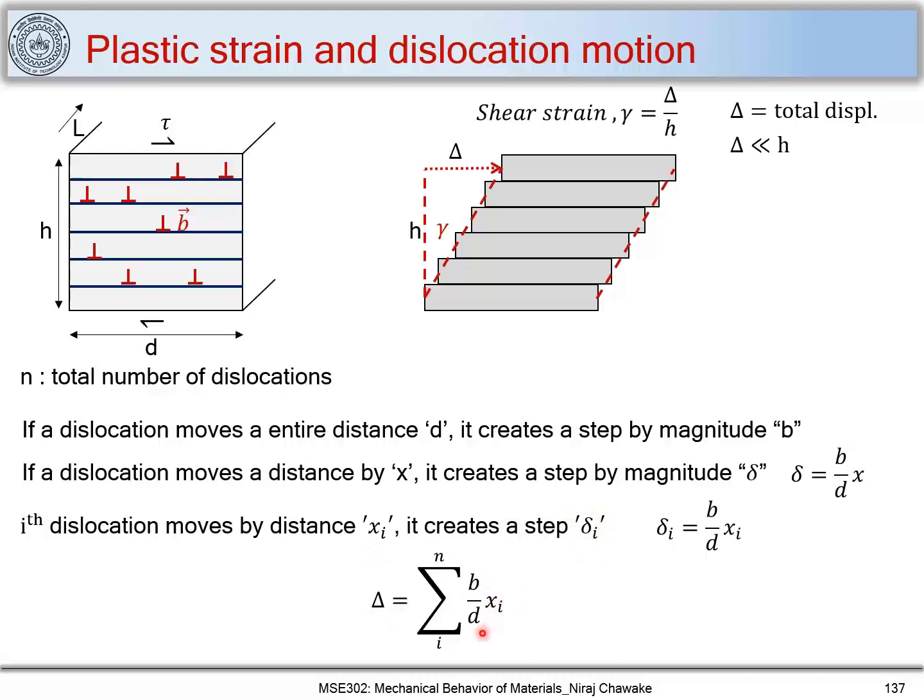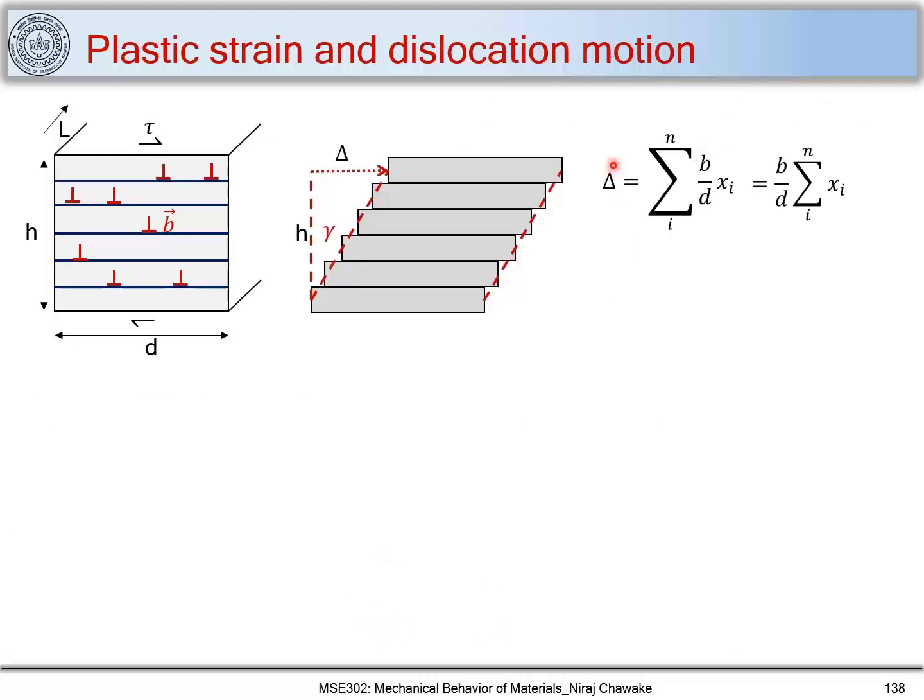So now we have the total displacement. This b upon d is constant, so I can take it out of the summation term and write it as b upon d summation of i to n xi.